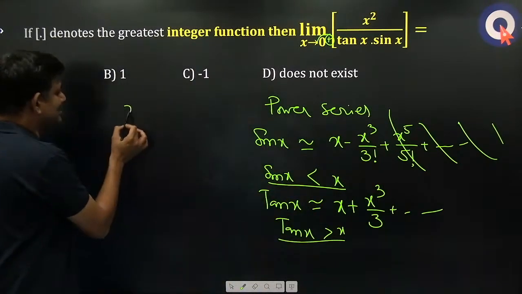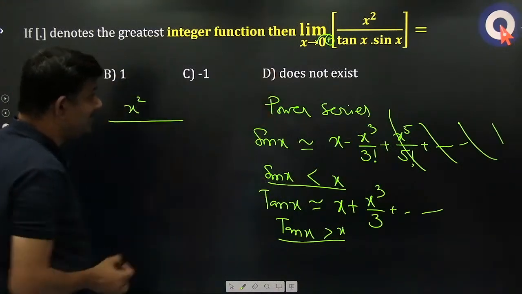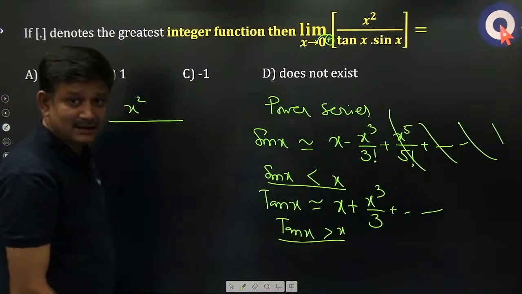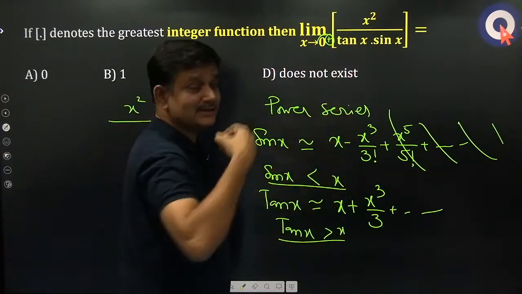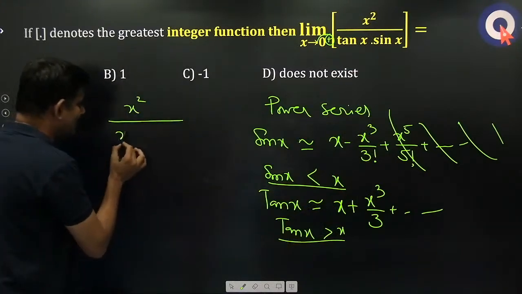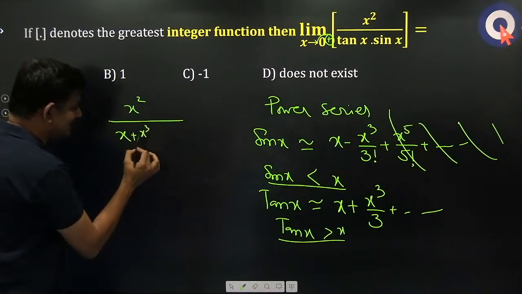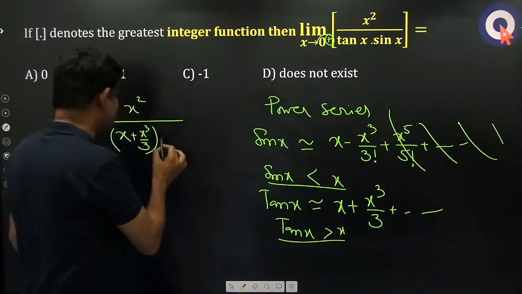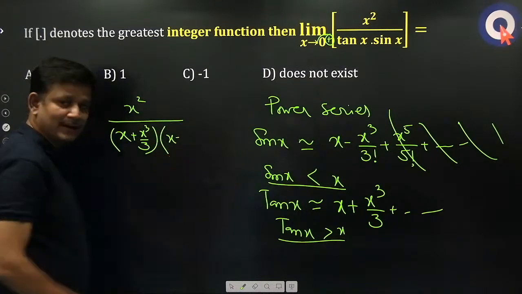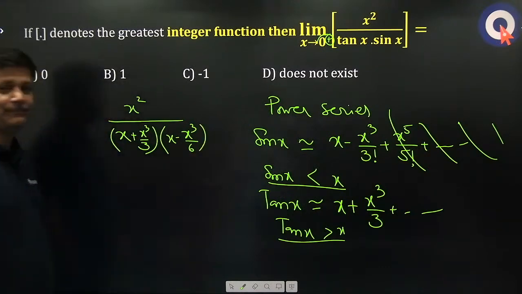What is our area of interest? x square by, now tan x, I cannot directly write it as x because my interest is not on x, but what is happening after x, whether it is smaller than that or more than that. So x plus x cube by 3 is what you can replace your tan x with using power series expansion, and sin x can be replaced by x minus x cube by 3 factorial, which is 6.